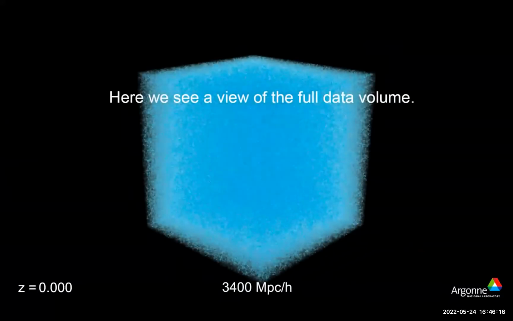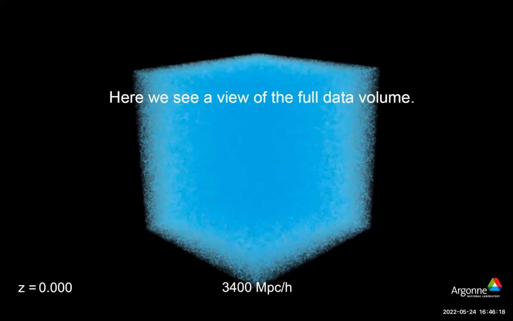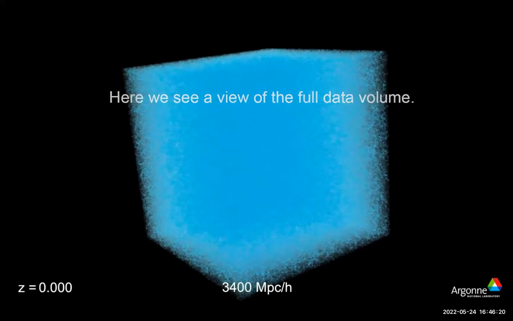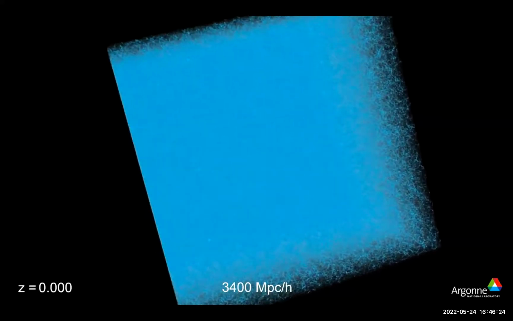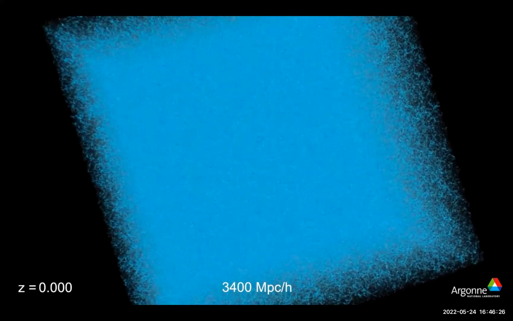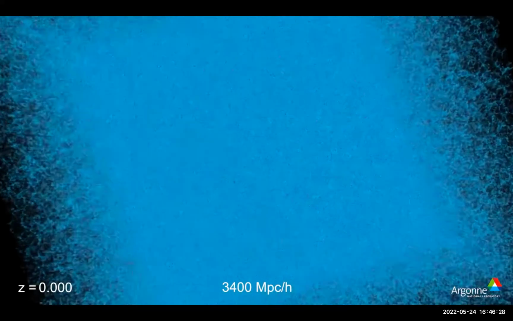Again, this is a tiny portion, a single rank of those many ranks that we're running, but now we transition to the full volume. What we're seeing here is a representation of the full volume, the entire universe simulated.